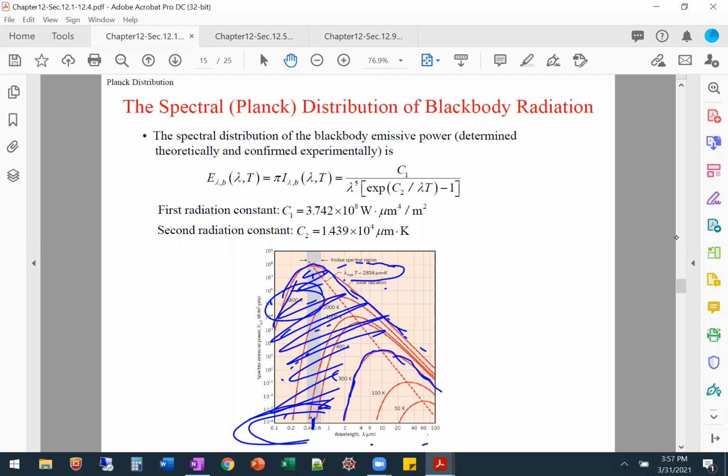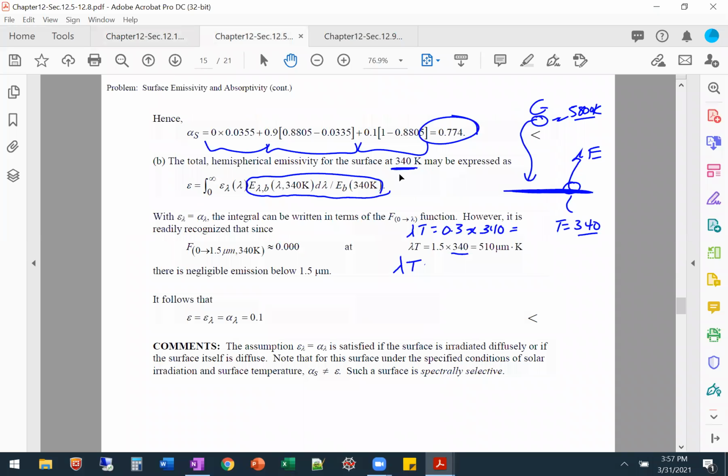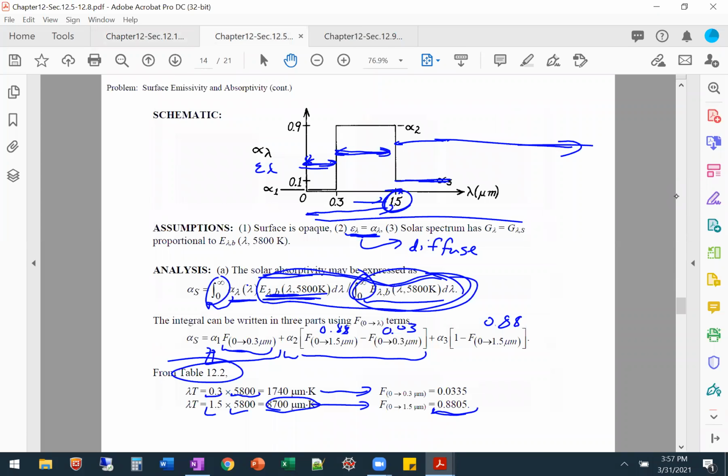That surface only has emissive power starting at a wavelength of 2 microns. The material properties at 1.5, everything over here, don't matter on the emission side, because that surface at 340 is only going to really have emission at the wavelength at the end, which is 0.1.